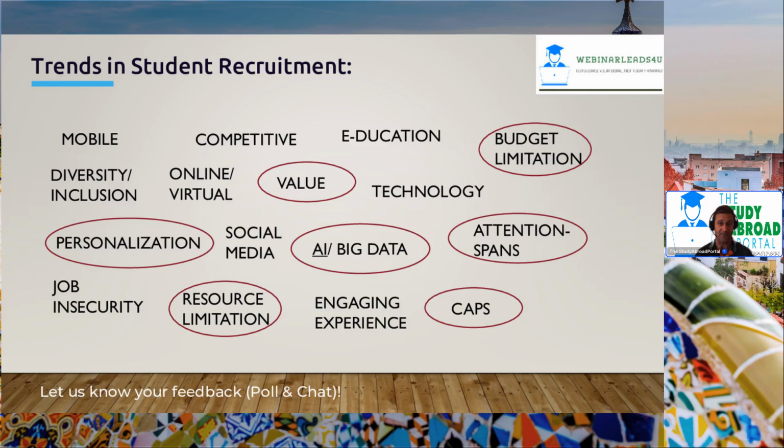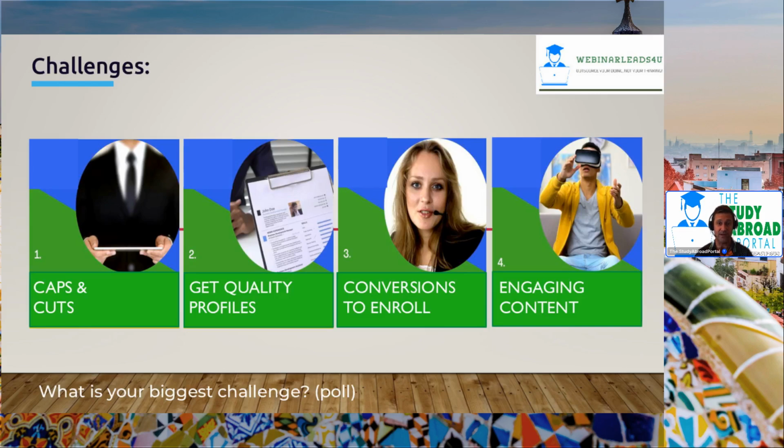As mentioned, I've been doing some coffee breaks on some of those topics. Today, I will focus only on the caps and cuts, anti-marketing, and also helping with some webinar repurposing.